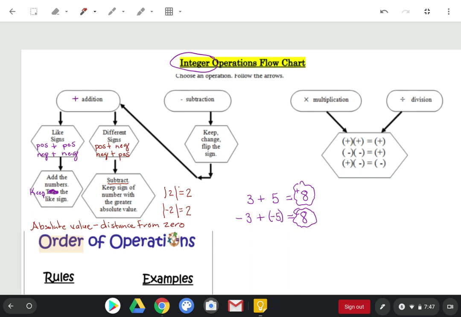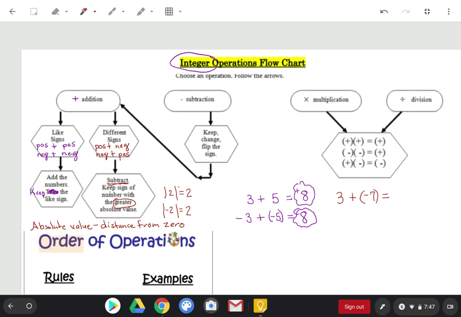Okay. So anyway, going back up to different signs, we have a positive plus a negative or a negative plus a positive. We're supposed to subtract those numbers' absolute values and keep the sign of the number with the greater absolute value. For instance, if I have 3 plus -7, notice one number is positive, one number is negative, so they have different signs.